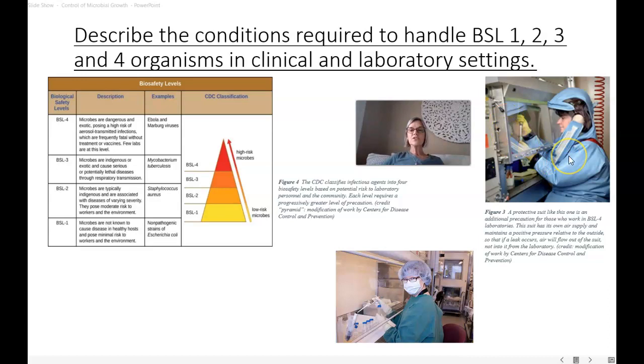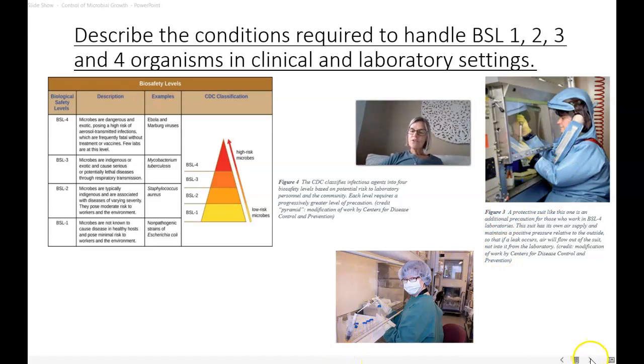In BSL-4 situations, you might even have an entire room that has ultraviolet light exposed to it. The people have to leave the room, but you can actually decontaminate the surfaces of the room by shining ultraviolet light in there.